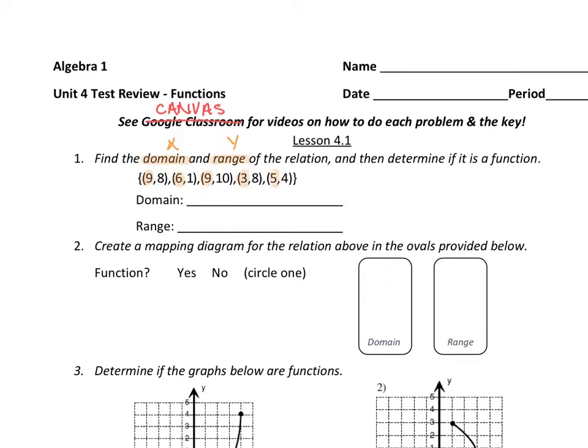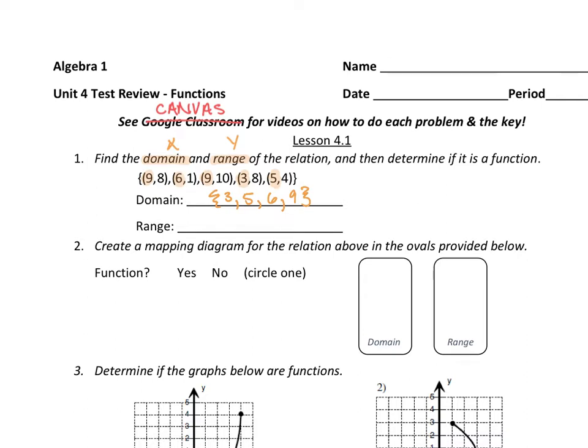The other thing you need to keep in mind, you really should write them in order. So our lowest x value here is 3. Then we've got 5, 6, and do not repeat. 9 is the final answer there, so don't repeat it. You only need one 9. That's why it helps to write them in order so you don't make that kind of mistake.